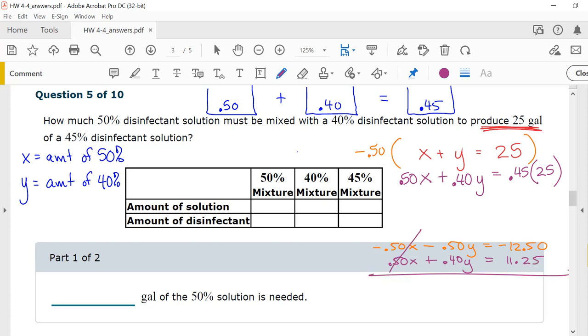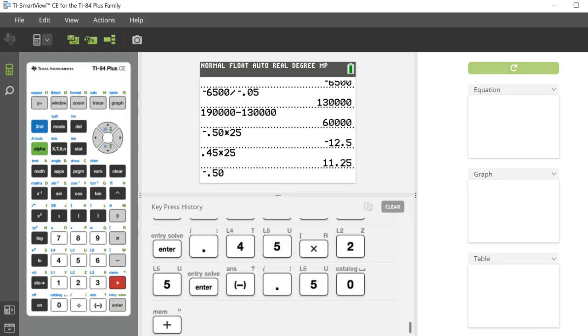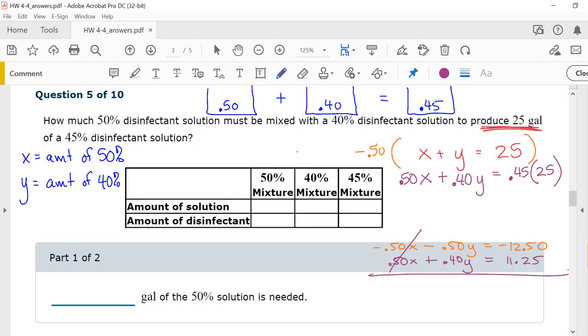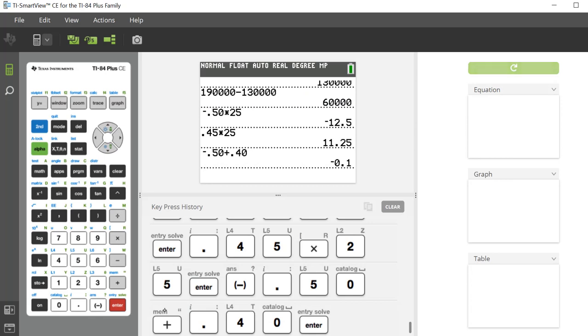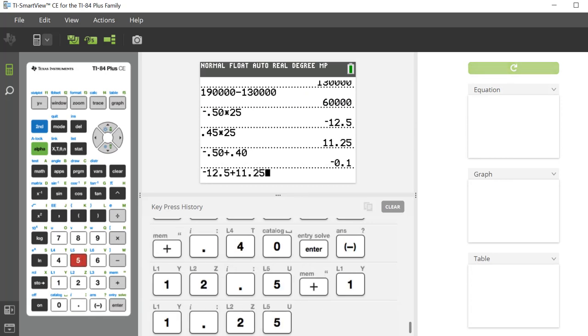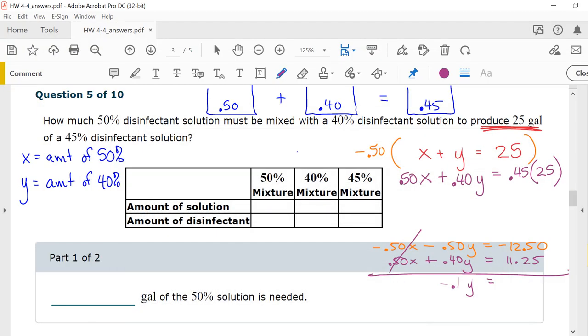The x's are eliminated. Negative 0.50y plus 0.40y gives me negative 0.1y. Negative 12.5 plus 11.25 gives me negative 1.25.